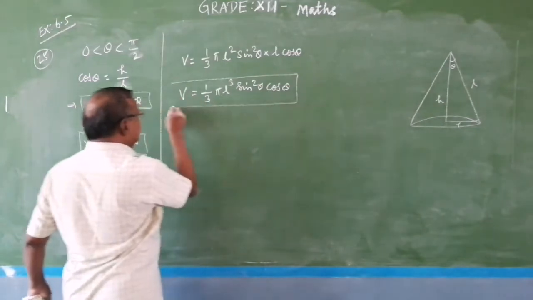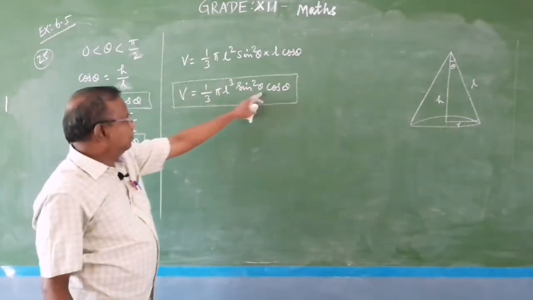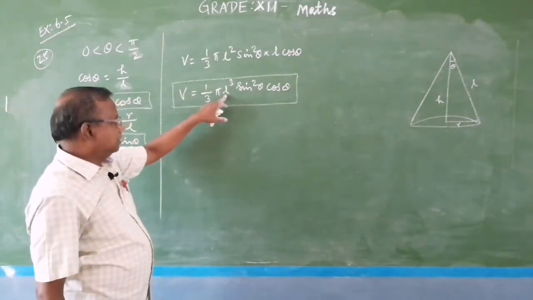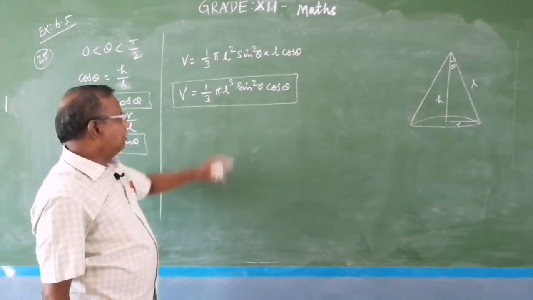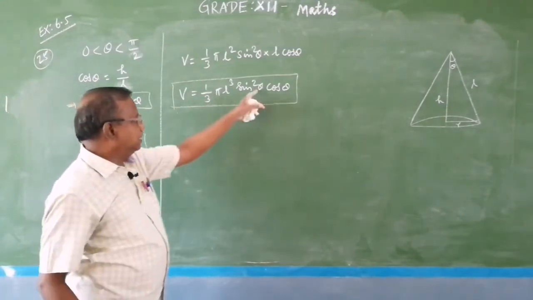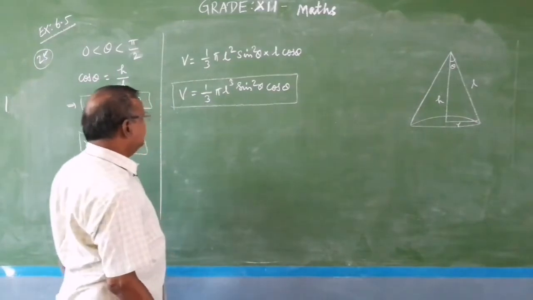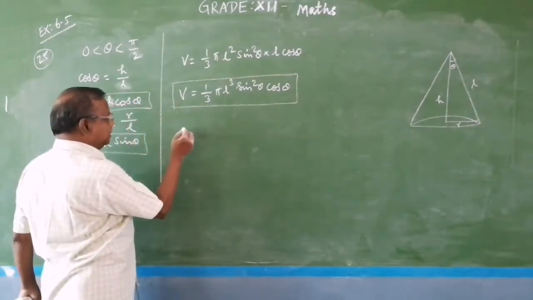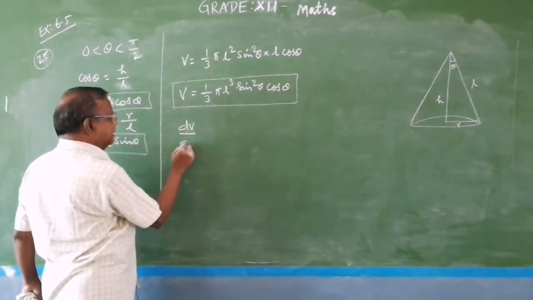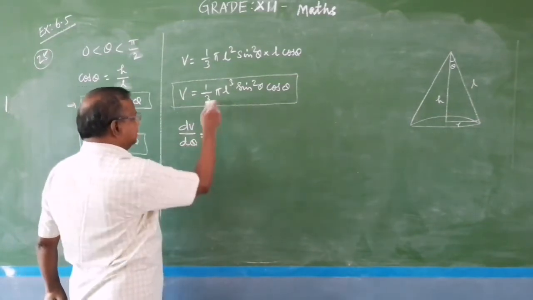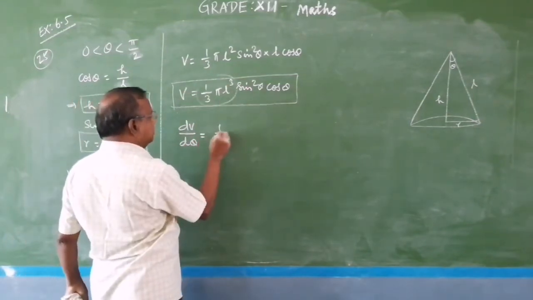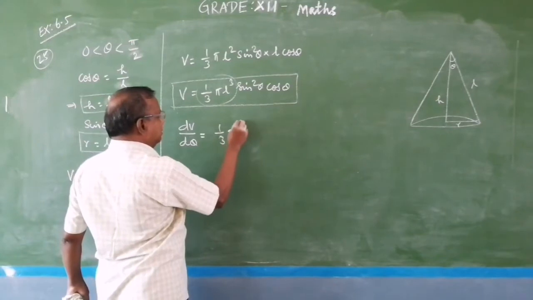We have to differentiate volume in terms of theta only, because l is given constant, pi and 3 are all constant. So here the variable is theta. So, differentiating volume with respect to theta, that is dV by d theta. Let us take this constant in common, that is 1 by 3 pi l cube.